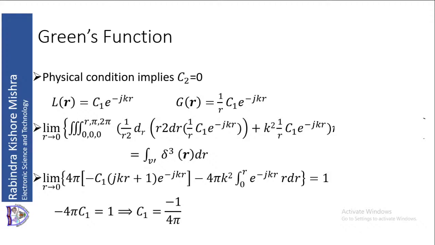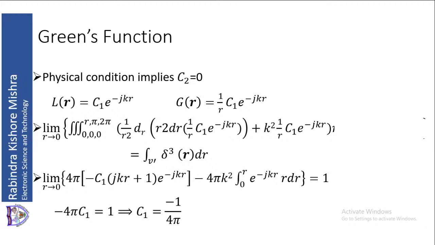Then, as we know, the source is only at the origin, it has no expansion beyond the origin. Therefore r is approaching 0. So we will take the limit r goes to 0 on both sides of the integration.